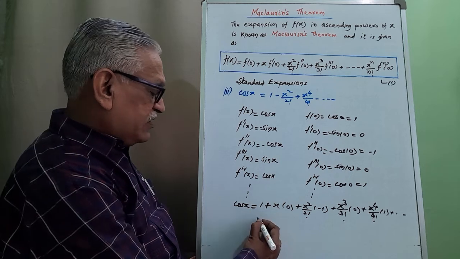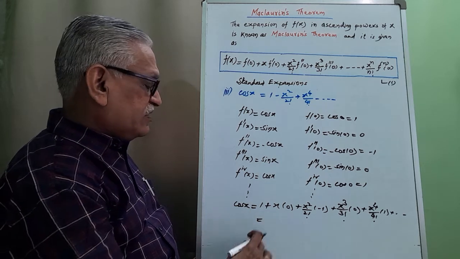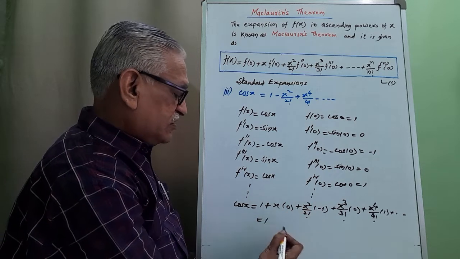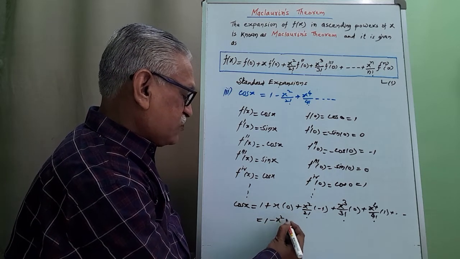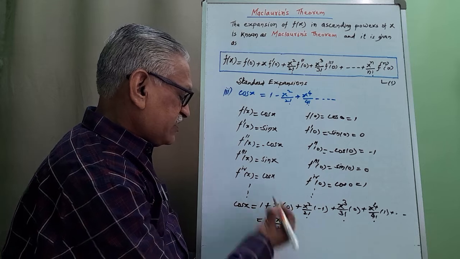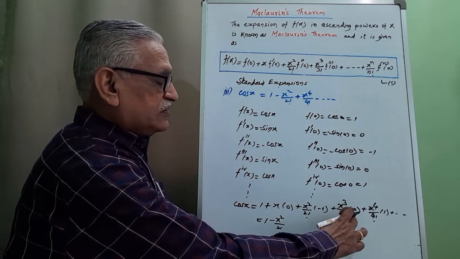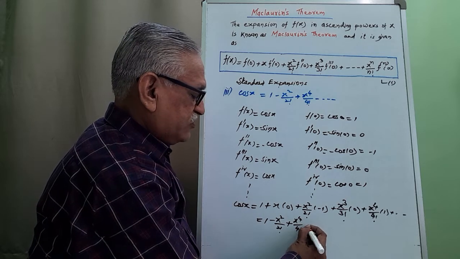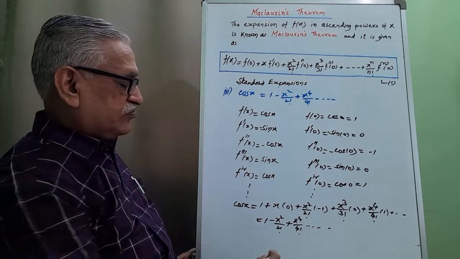And therefore, we get the required result. First term is 1, next 0. It is minus x square by 2 factorial as a second term for that expansion. Next one, plus x raised to 4 by 4 factorial, and so on.